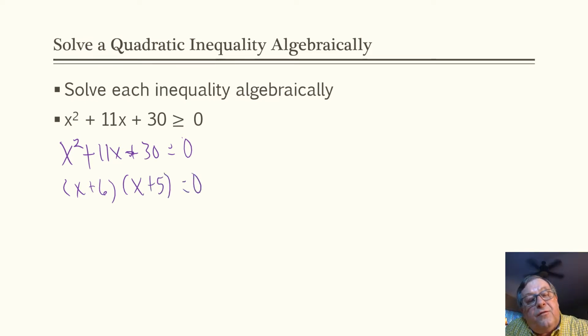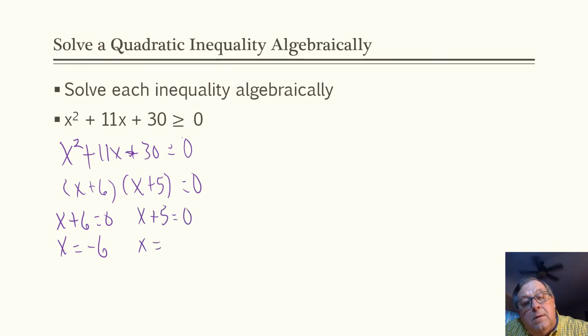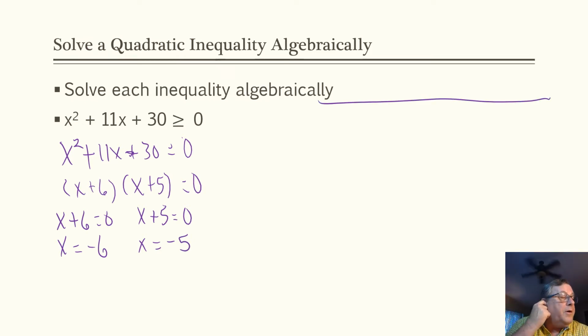We're going to set each factor equal to 0 and solve. So x is equal to -6 and -5. And again, we're going to have some weird interval. So here, let's say that we got -5 right here.